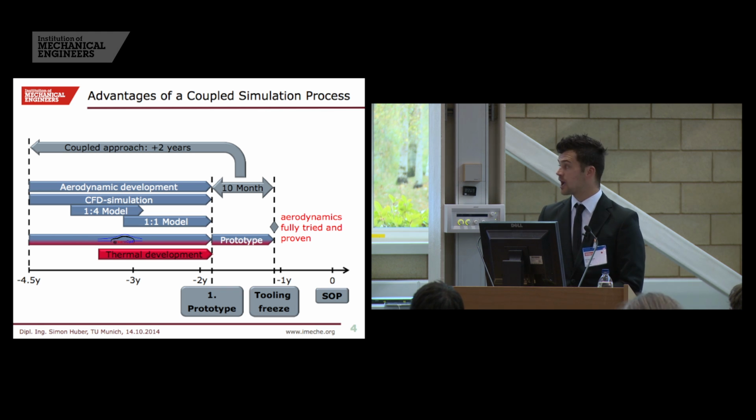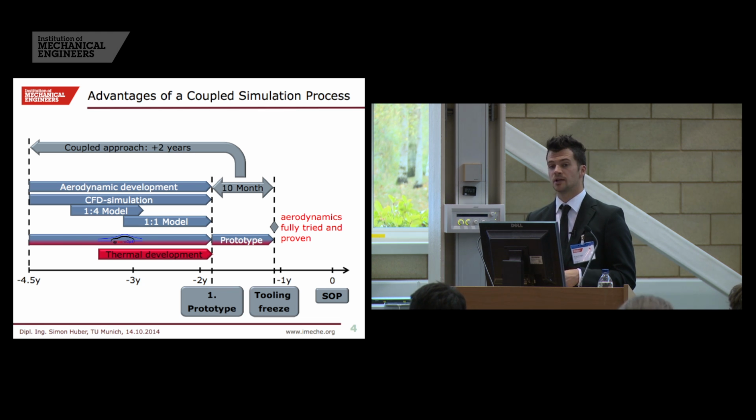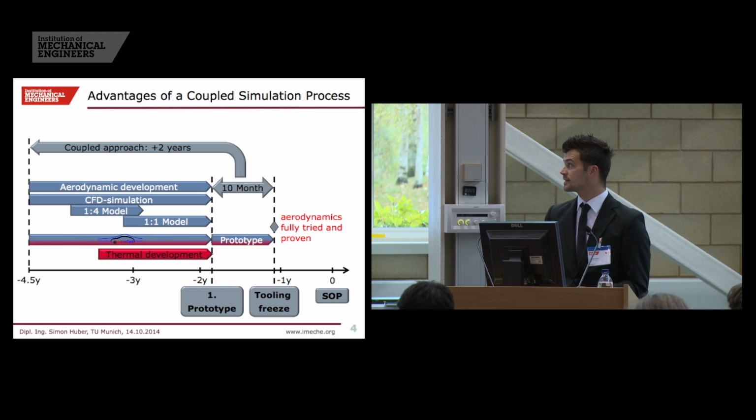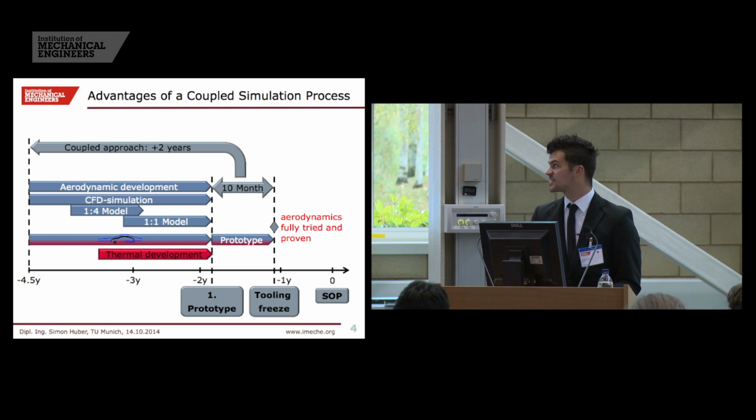On the other hand, the thermal development is mostly completely decoupled, and first with the real physical prototype can we experience the real interaction between cooling and aerodynamics. Have all the assumptions we have made for the cooling been right or not? And this gives us only 10 months to approve the cooling if wrong assumptions have been made. So this is a really short time period, and mostly the aerodynamics is getting worse.